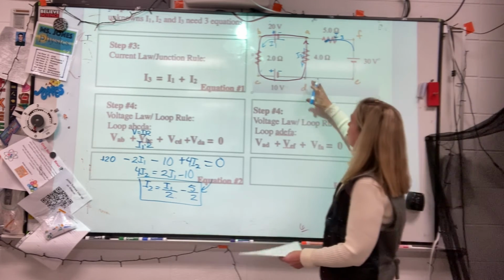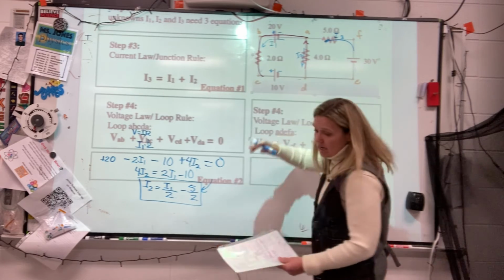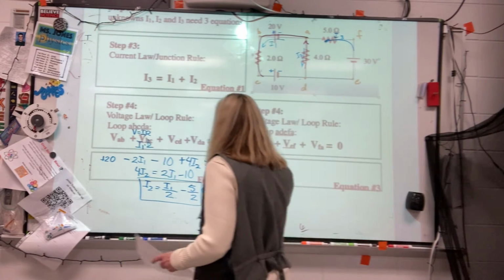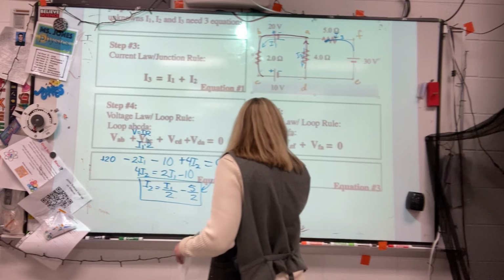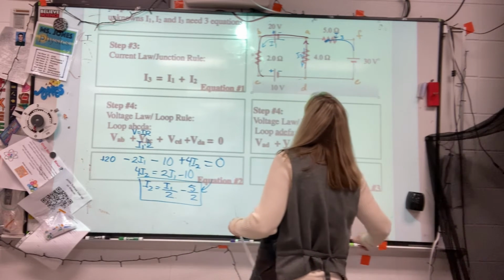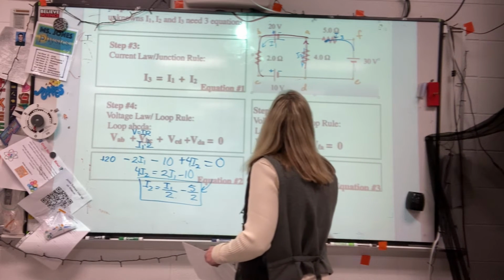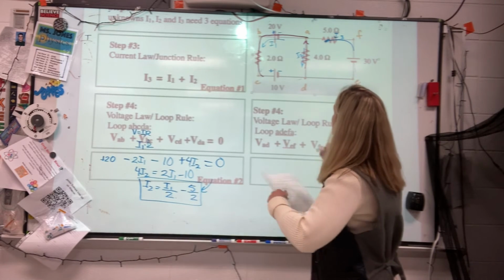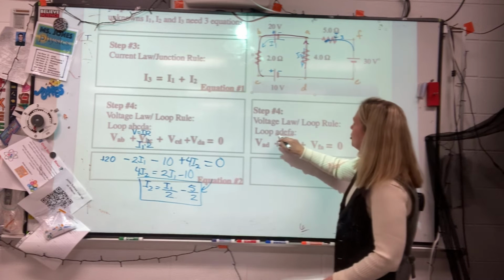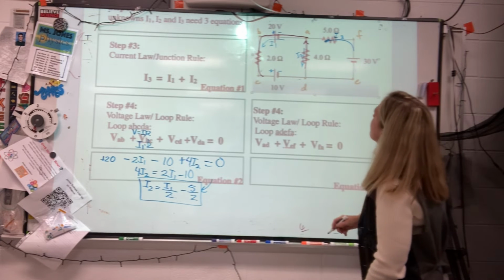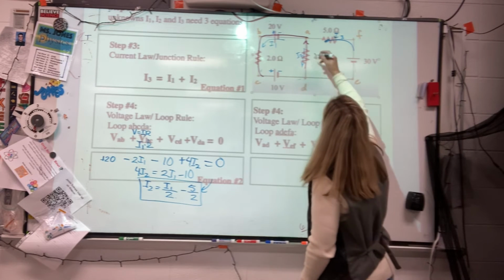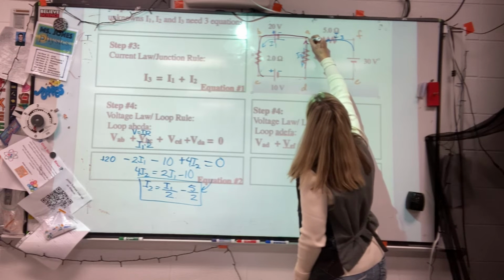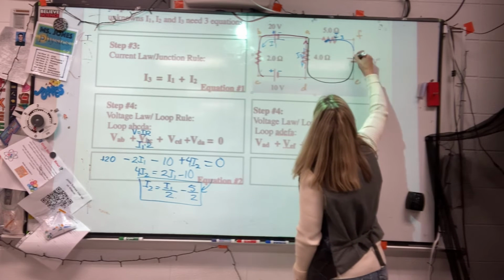All right, now we're going to change our loop. Let me just change my color. I'll do black. So we're going to do loop ADEFA. Okay, we're going this way.